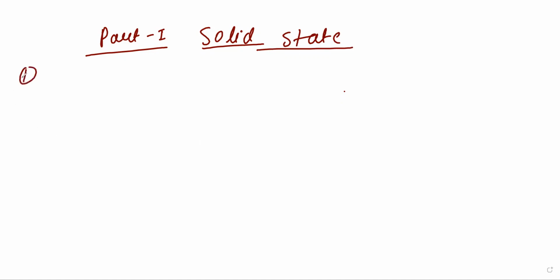So the first question is: the correct option for the type of body centered unit cell in all 14 types of Bravais lattice. It is talking about body centered, BC.